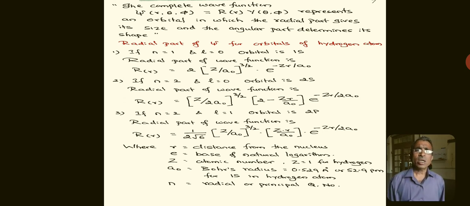A naught is Bohr's radius, which is 0.529 angstrom or 52.9 picometer for the 1s orbital in hydrogen atom. n is the principal quantum number. Students, these are the equations to be remembered. The derivations are not necessary at this level. When you come into the higher standards, you are going to derive these equations.